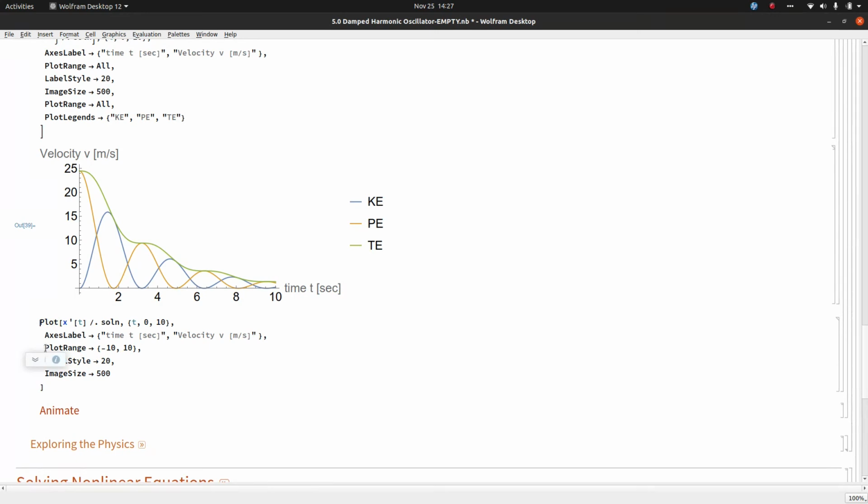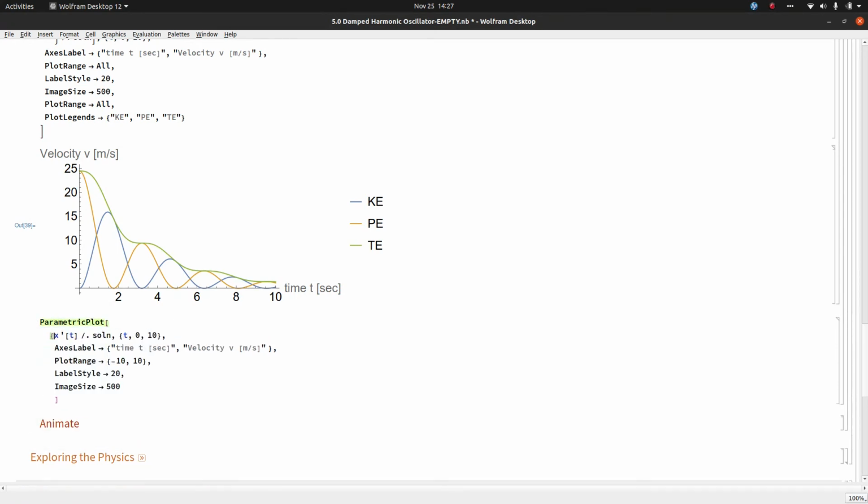But I'm going to change this not to a plot, but to a parametric plot. We've done one of these once before, and I am going to plot x of t versus the velocity x prime of t. And we're going to do that from t goes from 0 to 10.